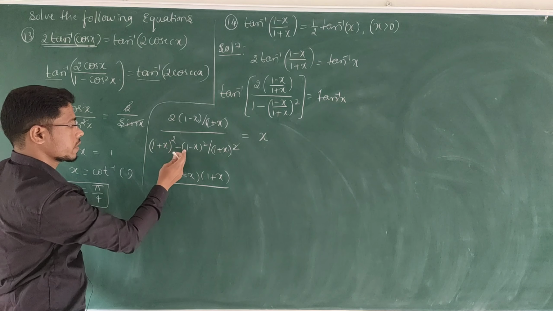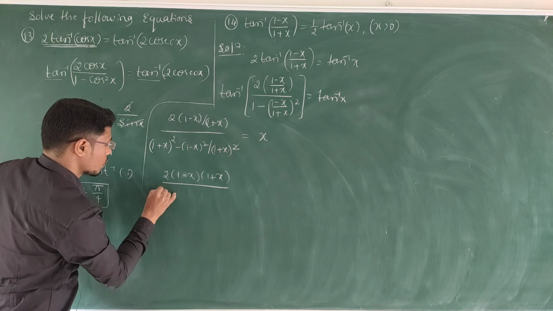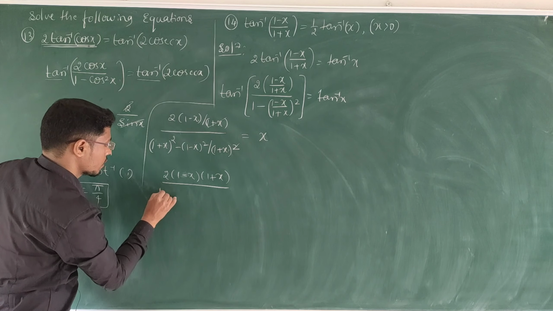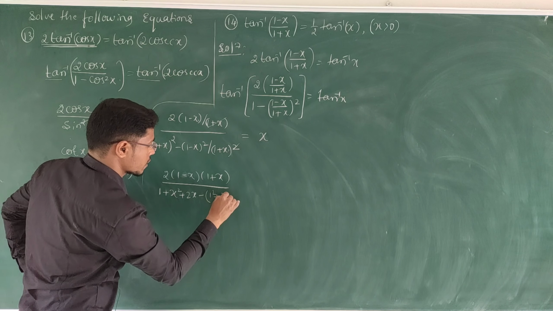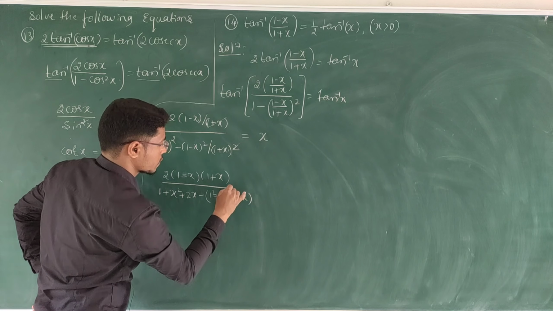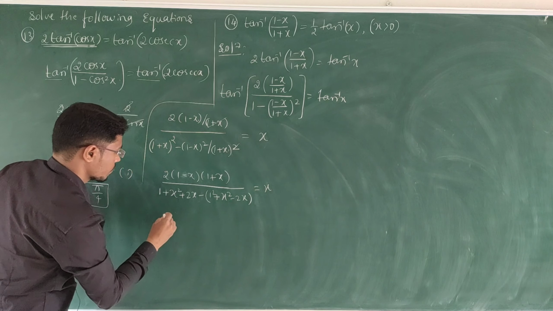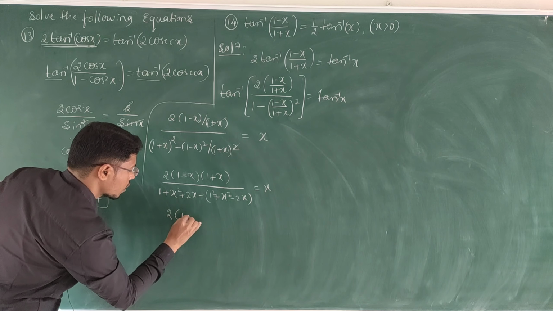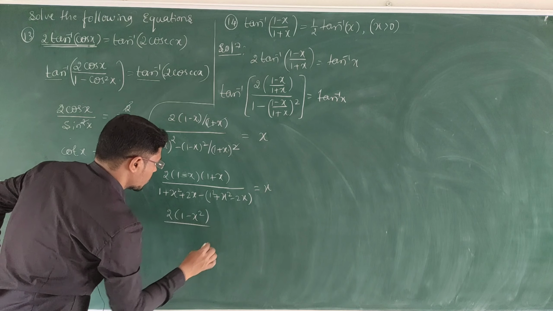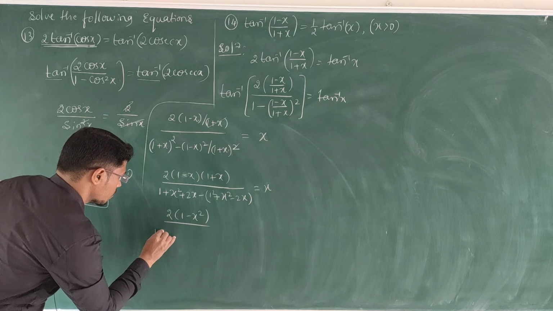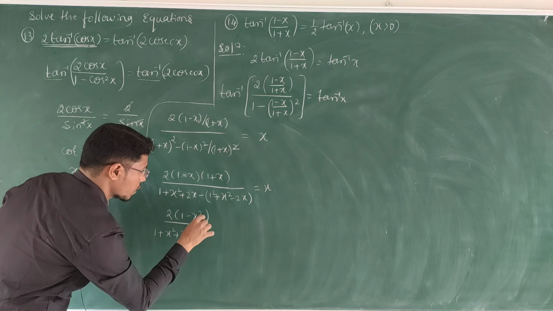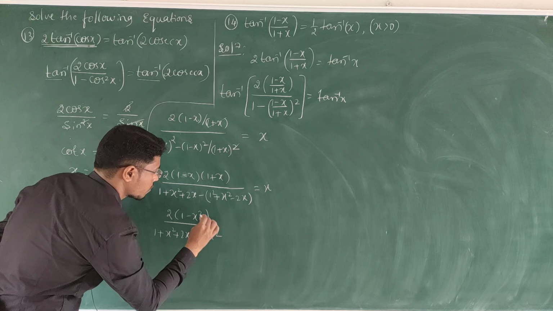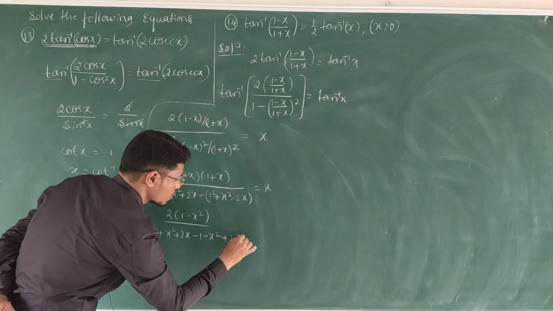A plus b whole square, a minus b whole square: 1 square plus x square plus 2x minus 1 square plus x square minus 2x is equal to x. 2 into 1 minus x square upon 1 plus x square plus 2x minus 1 minus x square plus 2x.